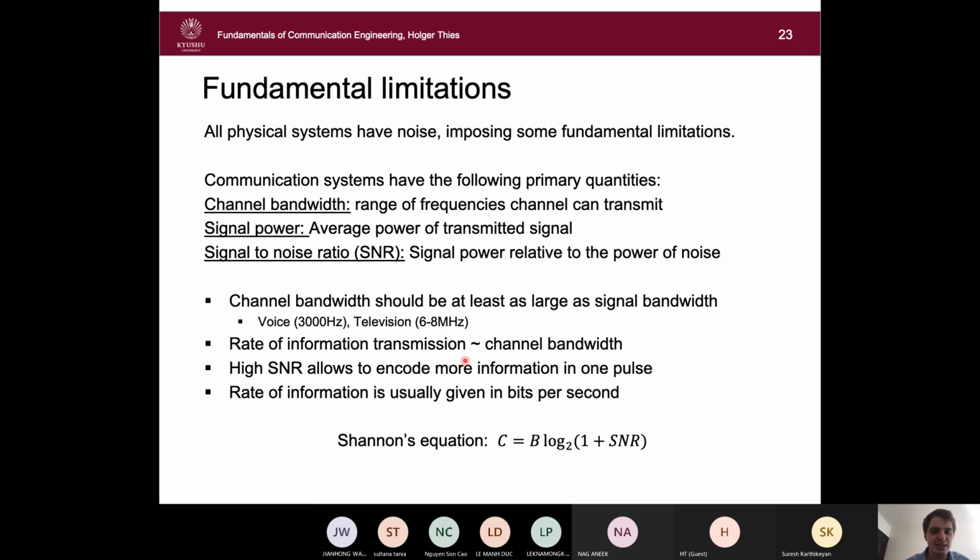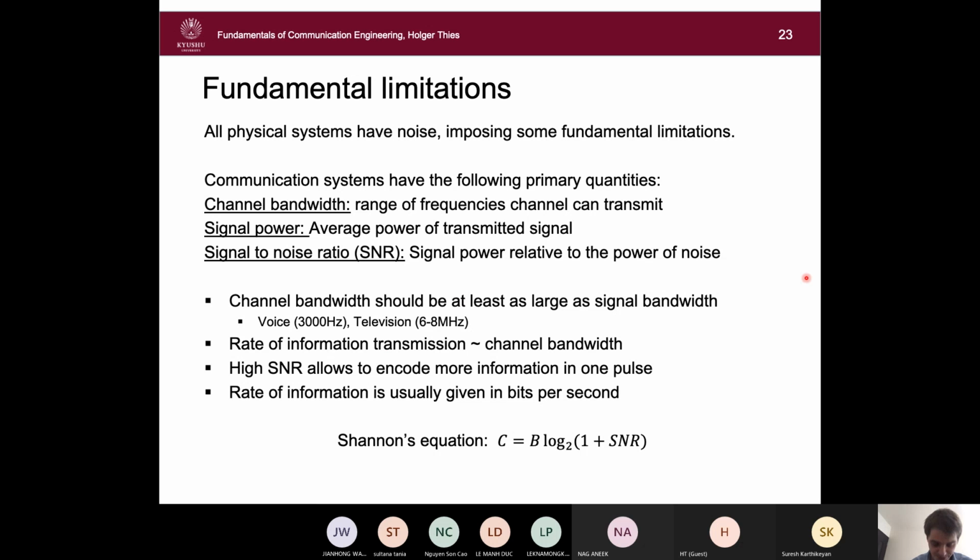Then there's another thing we can look at. This is the rate of information transmission. A measure of the rate of information transmission is the maximum number of binary symbols that can be transmitted per second.